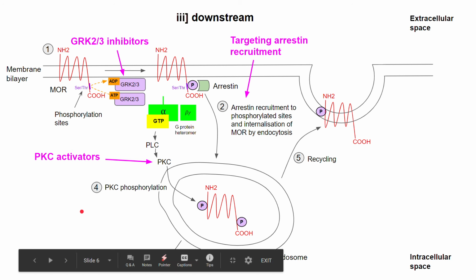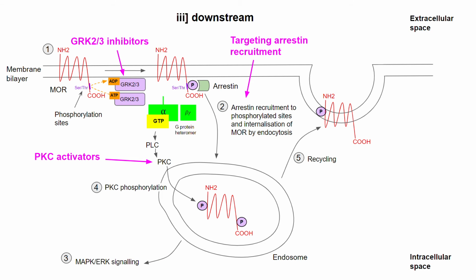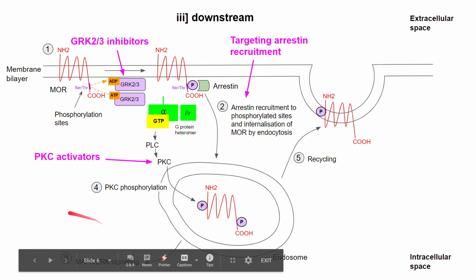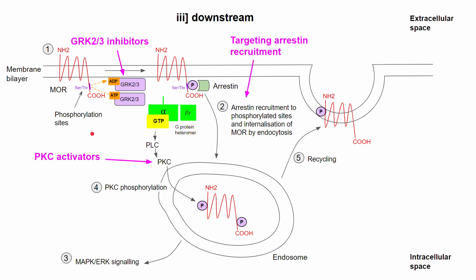So downstream of the opioid receptor, a lot of efforts into reducing tolerance focus on phosphorylation patterns, as that's thought to be what causes tolerance, as I mentioned before. One way of doing this would be to inhibit the G protein receptor kinases. So any efforts which go into developing these inhibitors could potentially be anti-tolerance drugs.